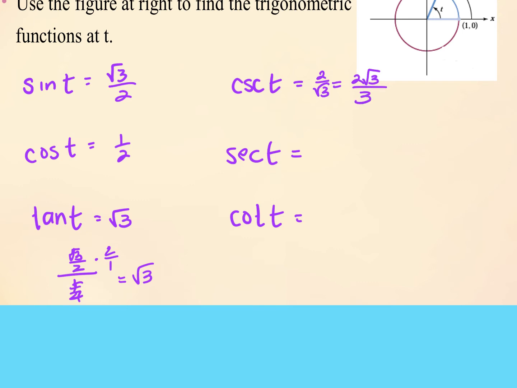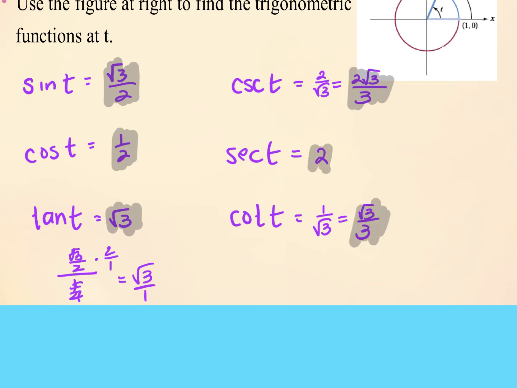Secant would be the reciprocal of 1/2. Good. And cotangent, I'd have to flip root 3 over 1. I'd get 1 over root 3, which gets rationalized to root 3 over 3. So sine, cosine, tangent, cosecant, secant, cotangent. You will never not rationalize, so don't forget to do it.